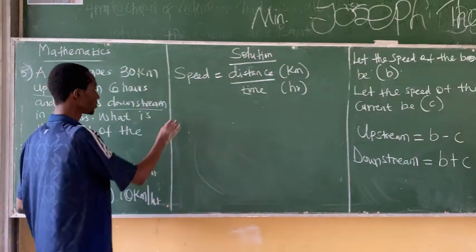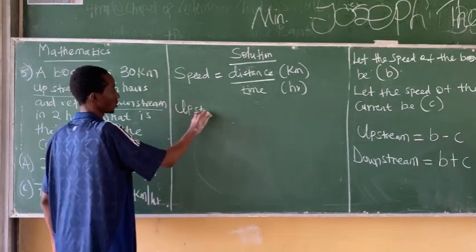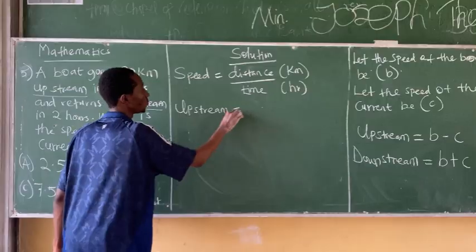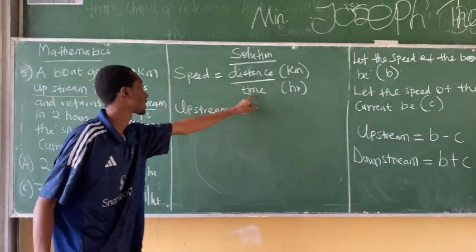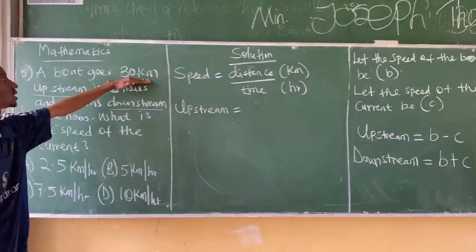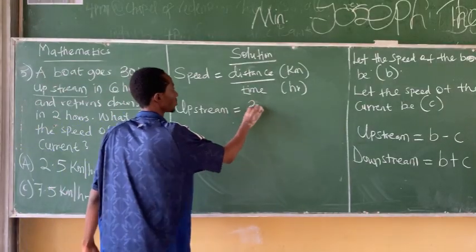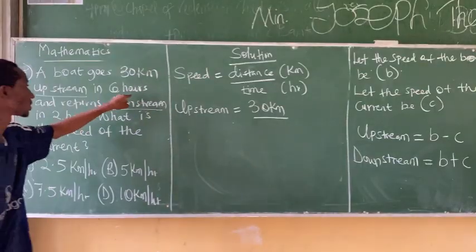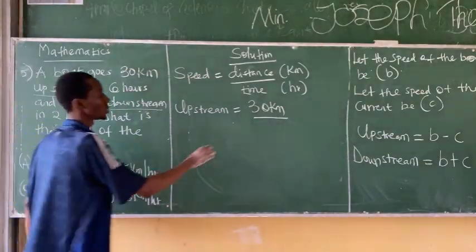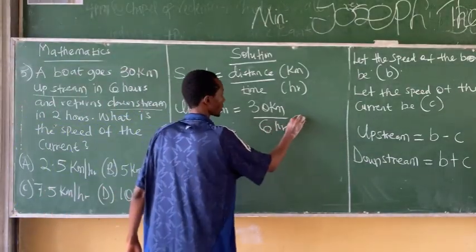So for upstream, if we calculate the speed, we have the distance over time. The distance here is 30 kilometers, divided by the time, which is 6 hours for upstream.